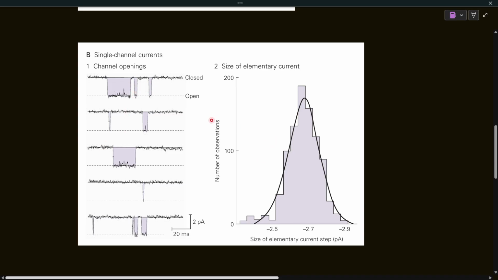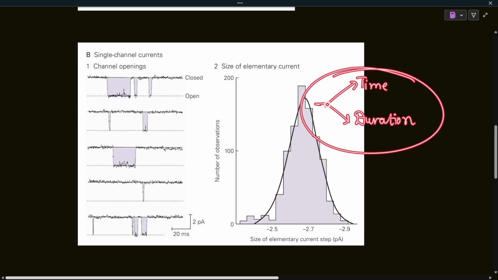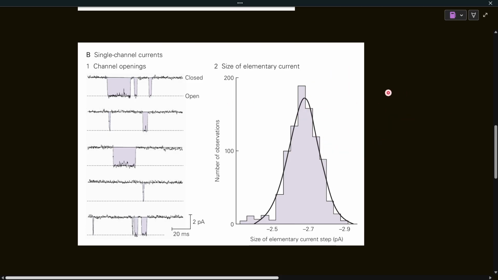So the time of opening and duration of opening of the ion channel doesn't matter. Whatever the values may be, the current being generated is always equal. And this was a significant discovery made by them.